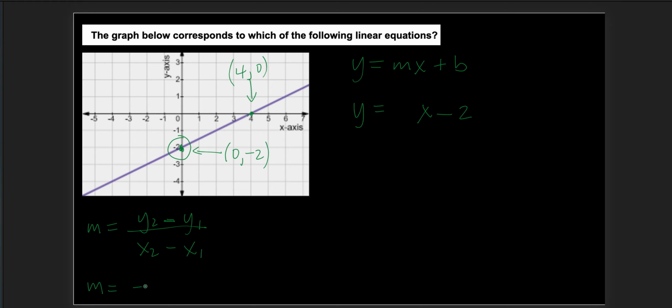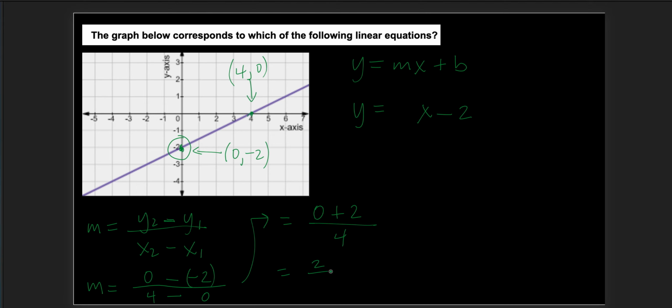So what I do is write down the division bar that comes with the formula and the subtraction signs that come with the formula. The y values go in, so 0, negative 2, and then the x values go in under it, 4 and 0. And then I'm going to simplify that here, so I have 0 plus 2, and then 4 on the bottom.